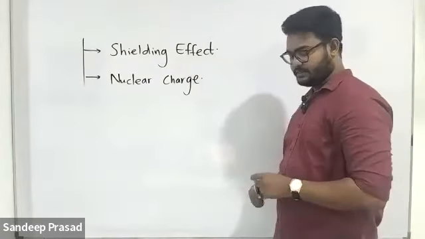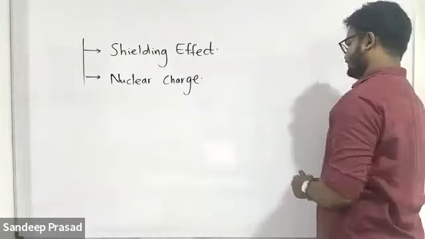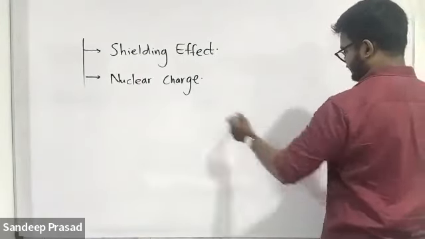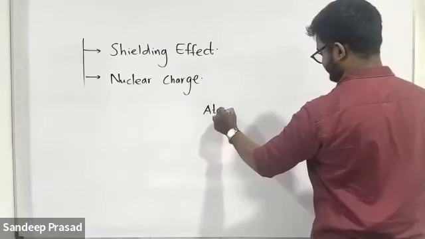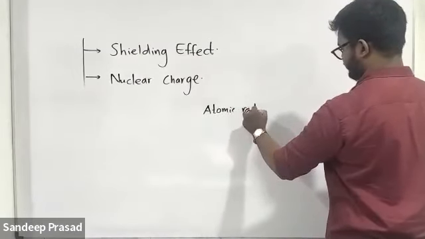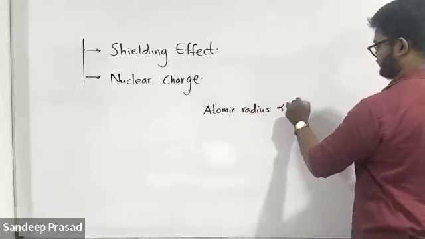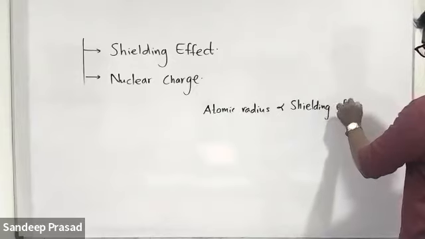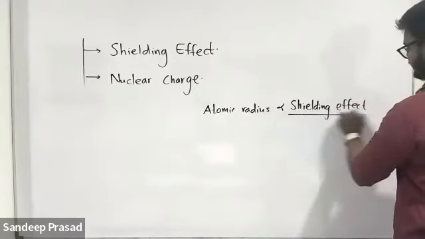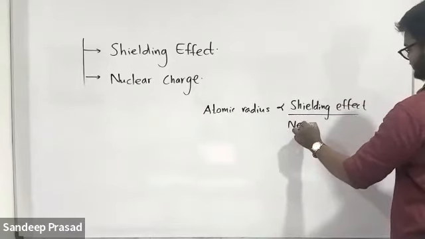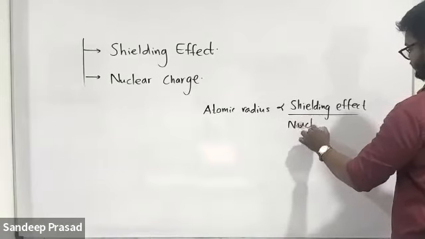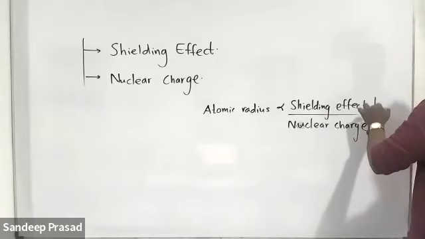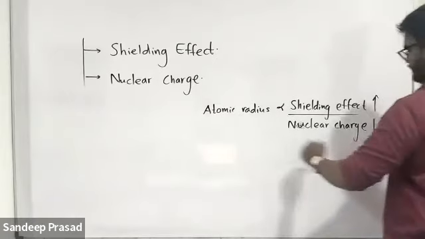When shielding effect increases, atomic radius will increase. And when the nuclear charge decreases, atomic radius increases. So this is the relationship you have to understand, right?